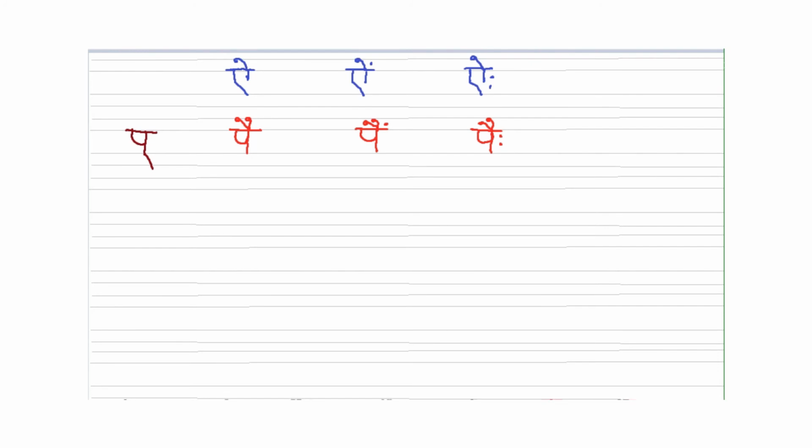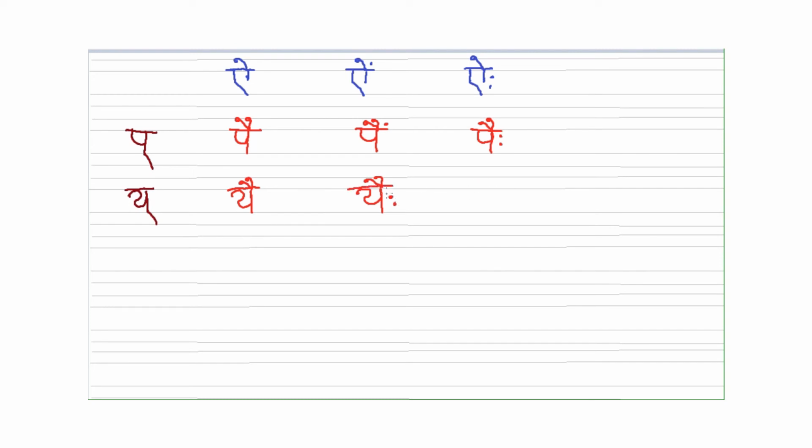Then I'm going to choose, so we've done ka, cha, ya. Let me do ya. So that is the ya. And so yai, yaihi.